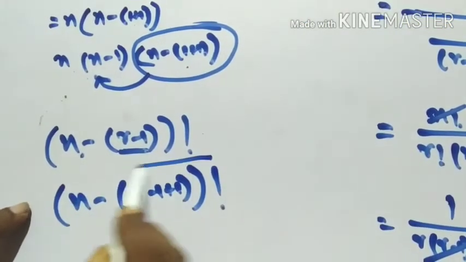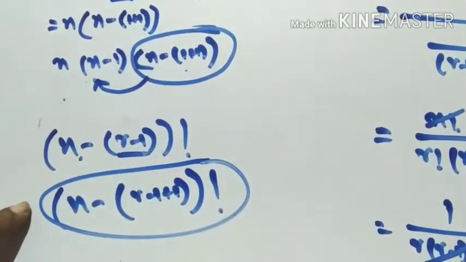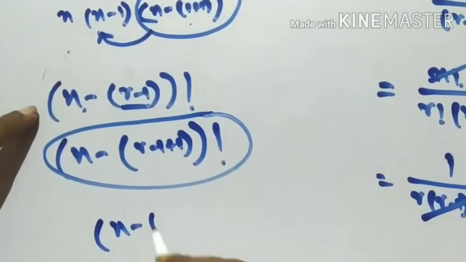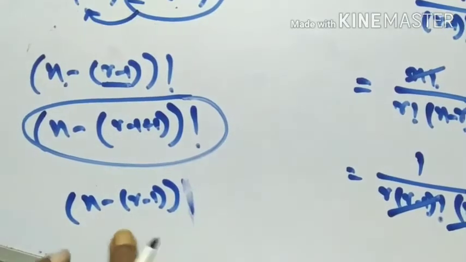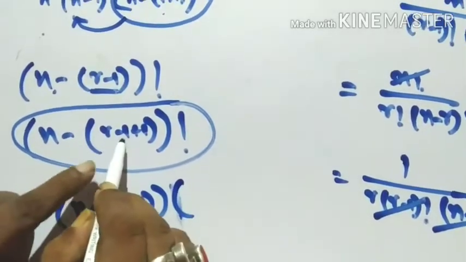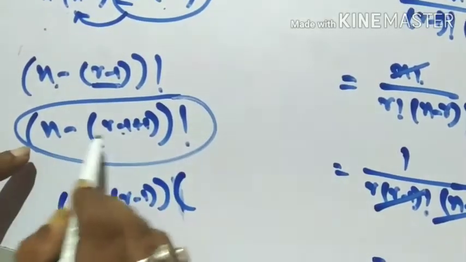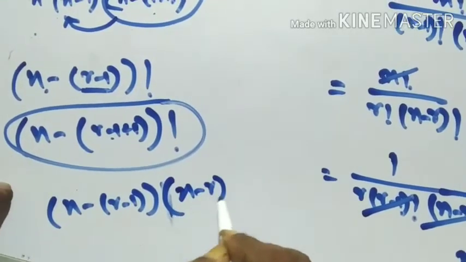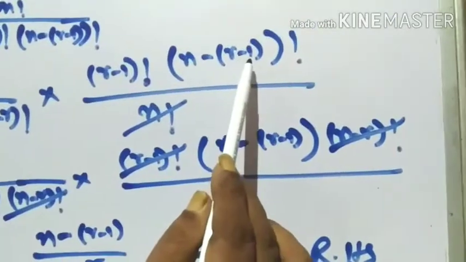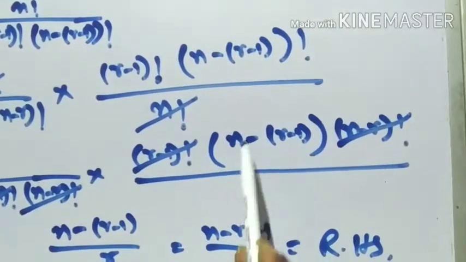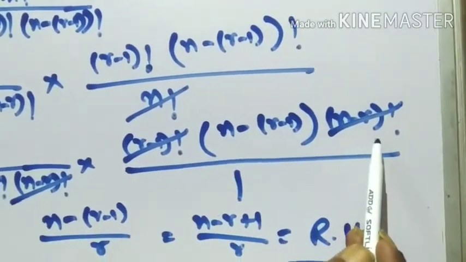Therefore, the minus 1 plus 1 cancels out, and only n minus r remains. So here, for (n minus r minus 1) factorial, the next term will be (n minus r) factorial.